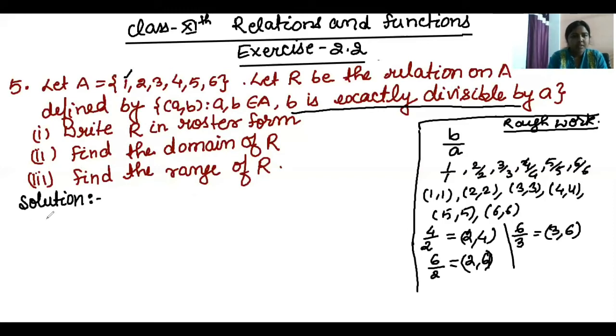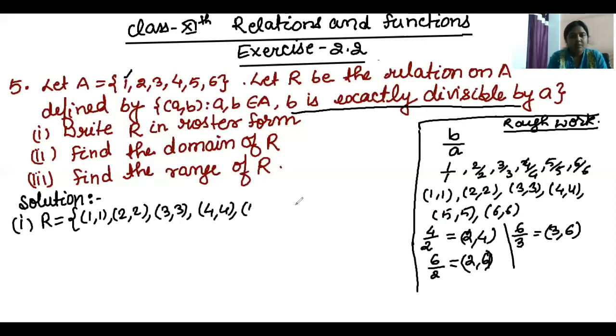So R in roster form according to the condition is (1, 1), (2, 2), (3, 3), (4, 4), (5, 5), (6, 6), then (2, 4), then (2, 6), then (3, 6).